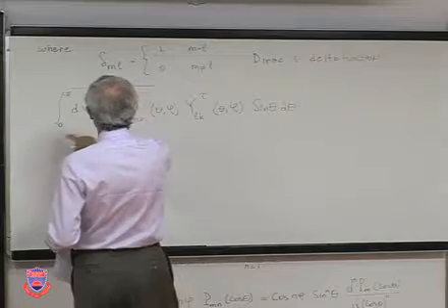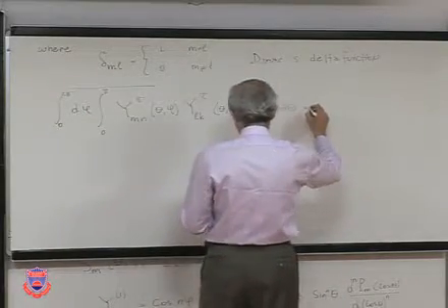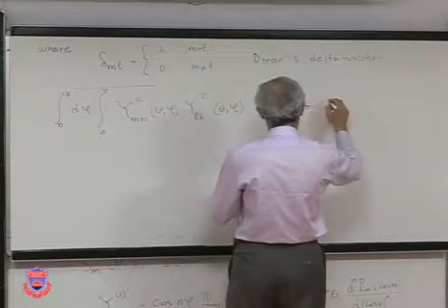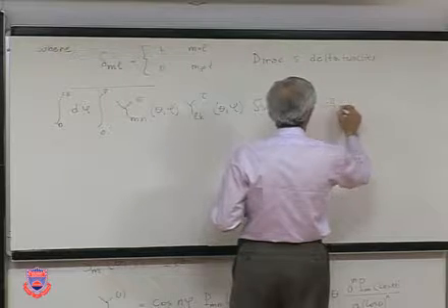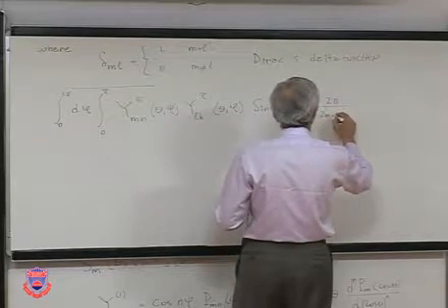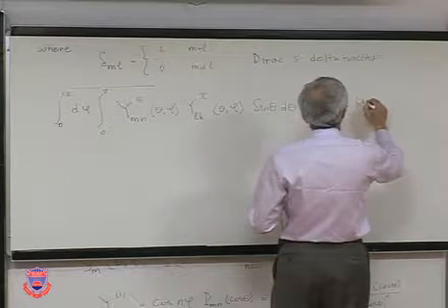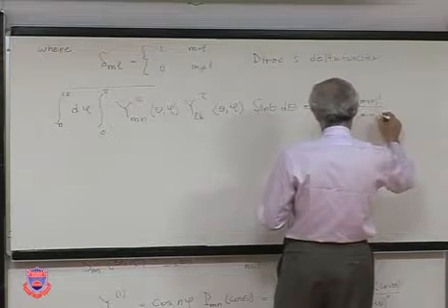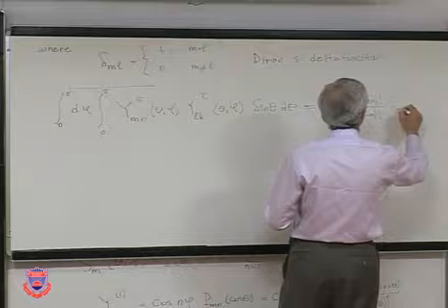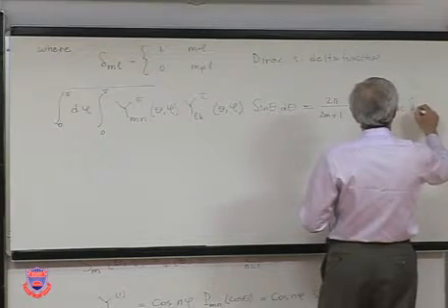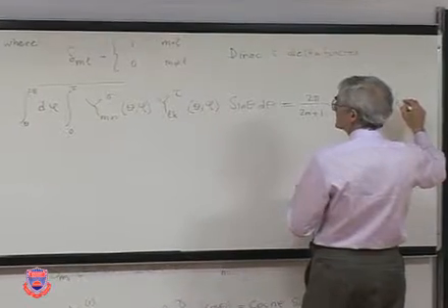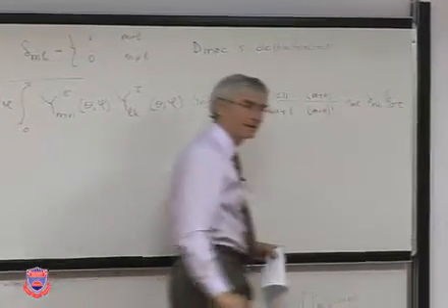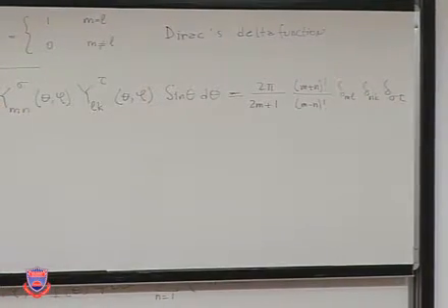Okay, theta again 0 to pi, phi 0 to 2 pi. And this gives us a slightly different result than the previous one.